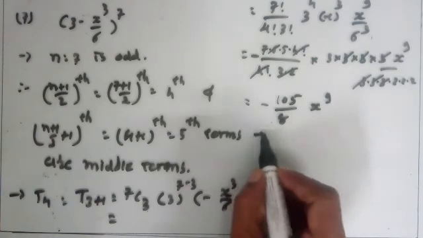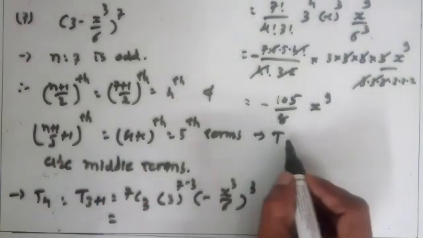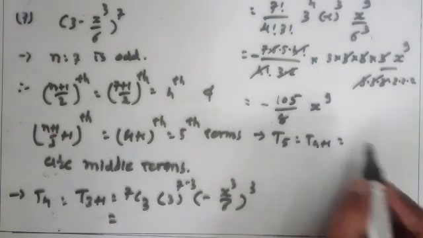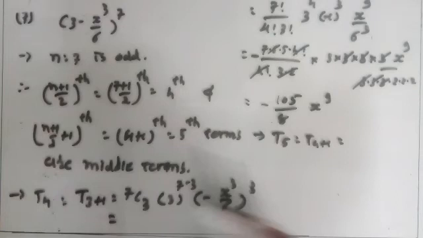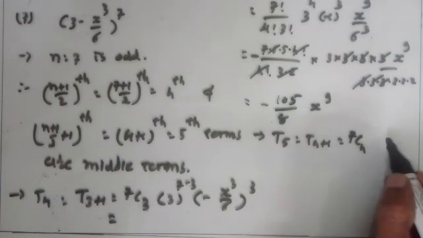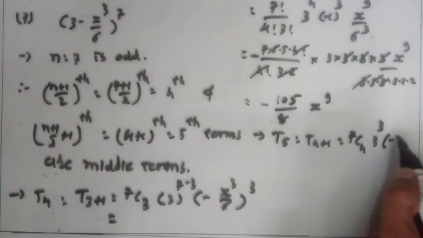Clear? Now the second middle term, the fifth term, that is T5, equal to T(4 plus 1). Applying the same approach, find this fifth term: 7C4 times 3 raised to 7 minus 4, that is 3, times minus x raised to 3, upon 6 raised to 4.